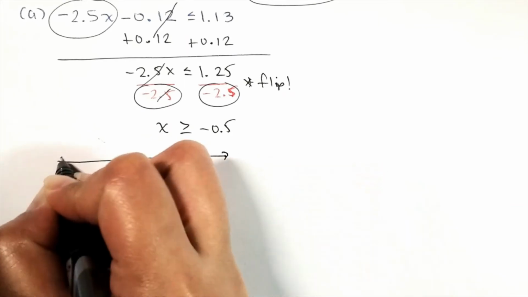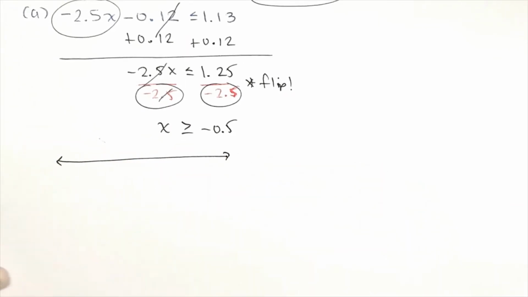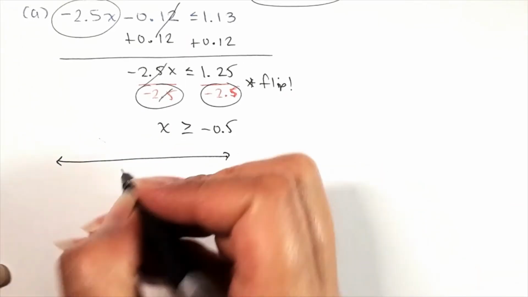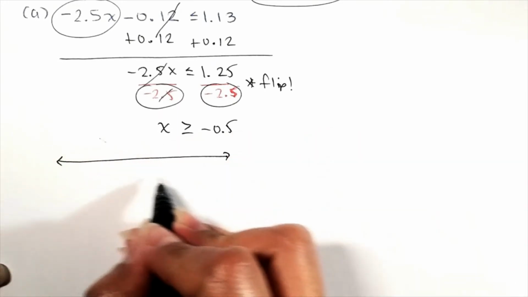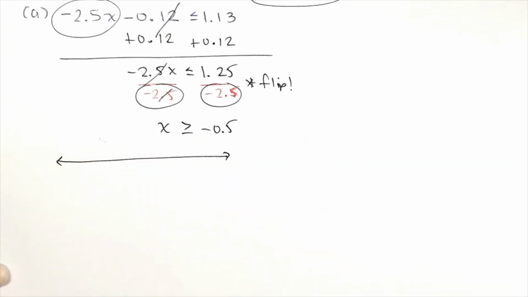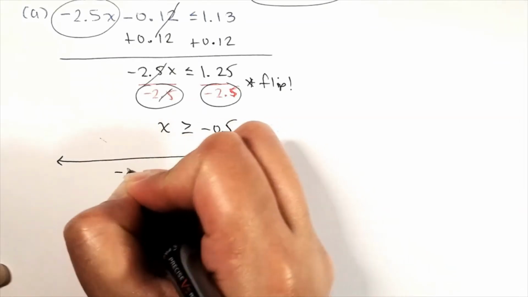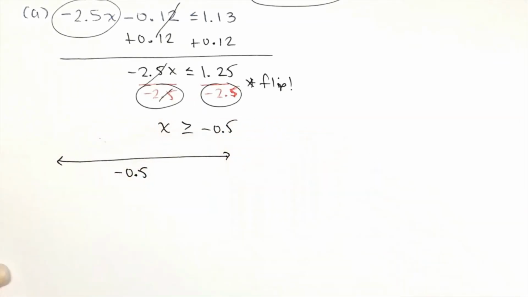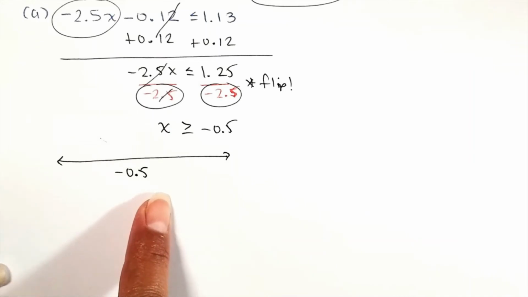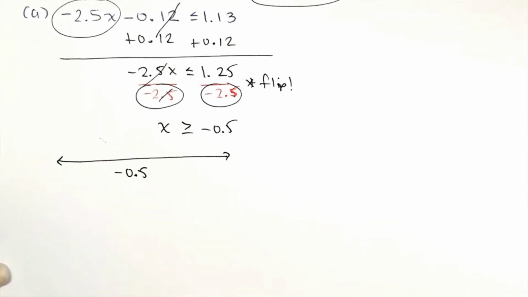Right now it's a line, but as soon as you highlight a number on it, bam, number line. You can write down all the numbers that you like, but personally I only highlight the number that's being compared to the variable, which is negative 0.5. If you would like to put additional numbers, like 0 after and negative 1 before, do what you gotta do.